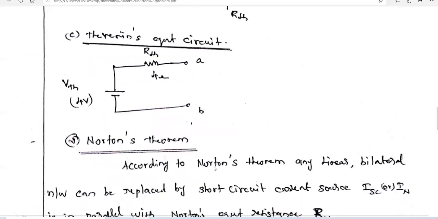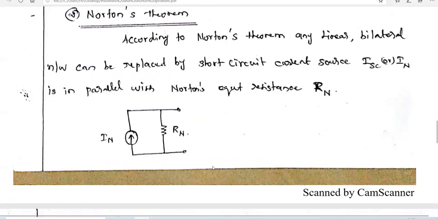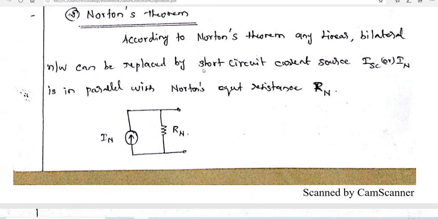But here, as per procedure, we are going to solve the same problem using Norton's theorem. So what does Norton's theorem mean? Already I said Norton's theorem means any complex linear bilateral network can be replaced by one short circuited current source, or Norton's current source, IN or ISC.